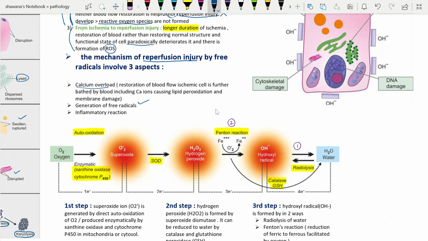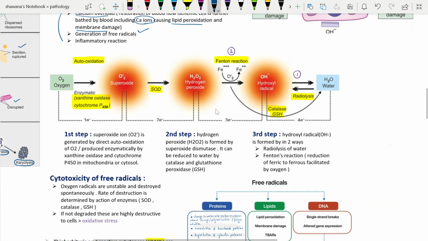Calcium overload means that if the restoration of the blood occurs, the calcium ions are also reperfused, and they cause lipid peroxidation and membrane damage. These are the three aspects of the mechanism of reperfusion injury. Okay, I will explain the generation of free radicals.